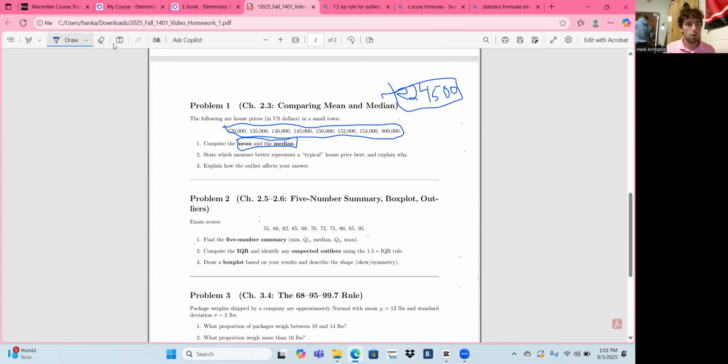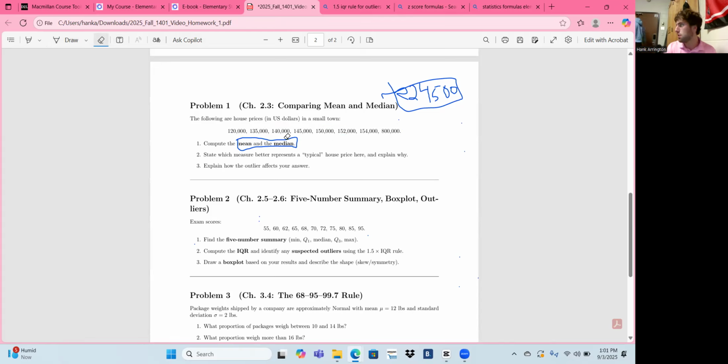For the median, we're going to do something slightly different. To find the median, you're just going to cross off until you're left with either one or two data points. In an odd set, you'll get just one, and in an even set, you will get two values. You average them together, and that's your median.